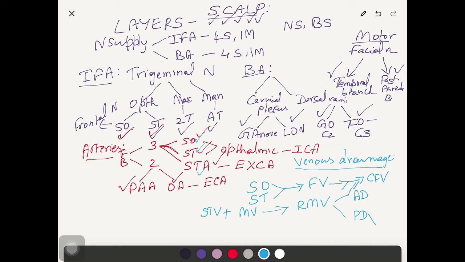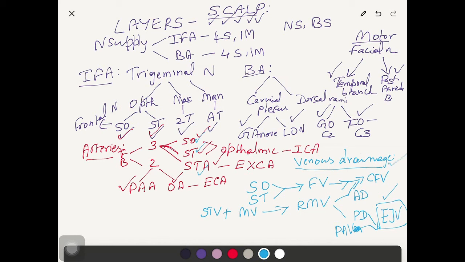The posterior division joins with the posterior auricular vein to form the external jugular vein. So this is the formation of the external jugular vein, which may be asked as a short note: how it is formed by the posterior division of the retromandibular vein and the posterior auricular vein. So this completes the venous drainage of the scalp and the face.